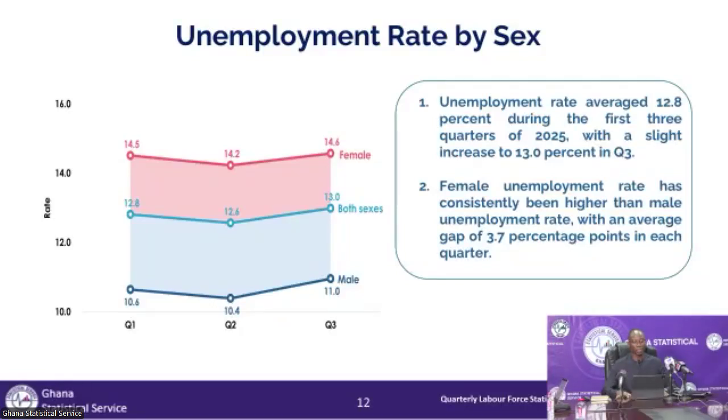Female unemployment was consistently higher than male unemployment, with an average gap of 3.7 percentage points across the 3 quarters. And if you look at the gap in the 3rd quarter of 2025, we are looking at 3.6 percentage points.